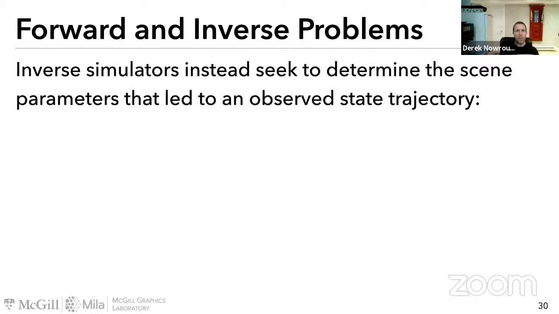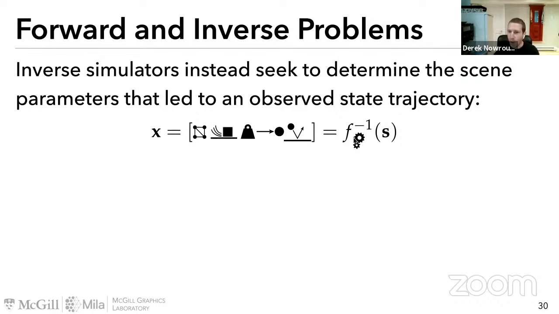Now, inverse problems seek to determine those inputs that led to observed state trajectories. So now we're swapping our inputs and outputs. Instead of having inputs that are properties of the 3D world and the mass and the elasticity and external forces, and then wanting to solve for how that evolves over time, what if we see how it evolves over time and we want to infer things about the mass, the 3D meshes, the elasticity?